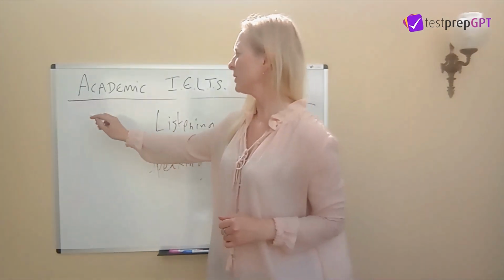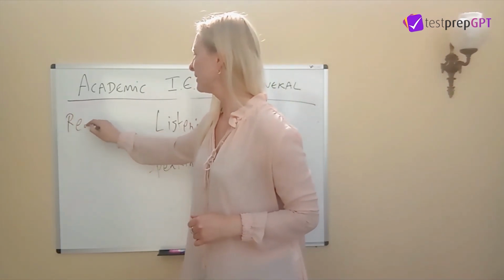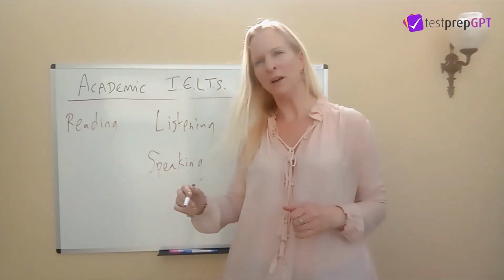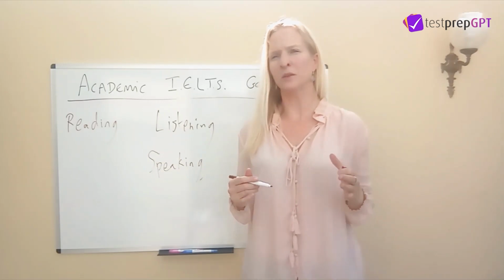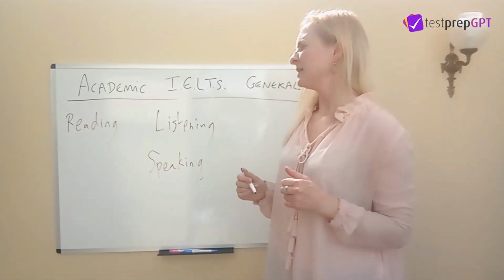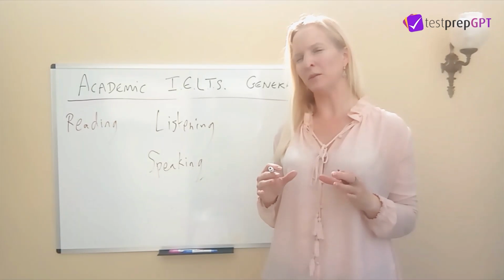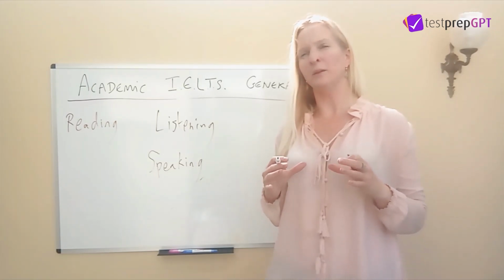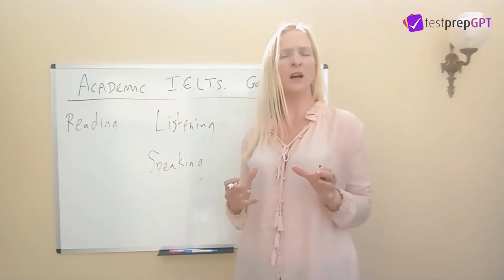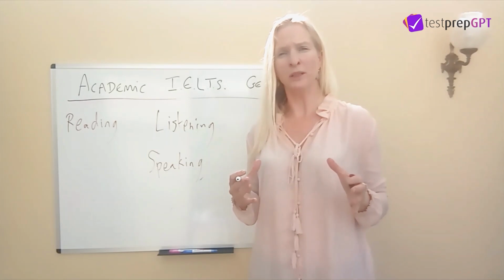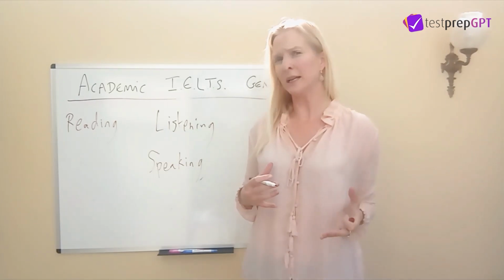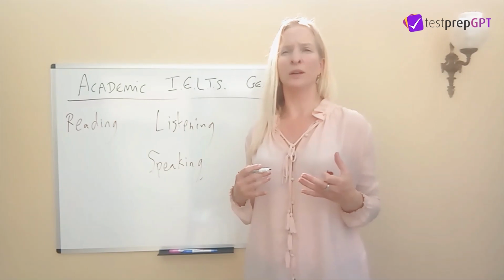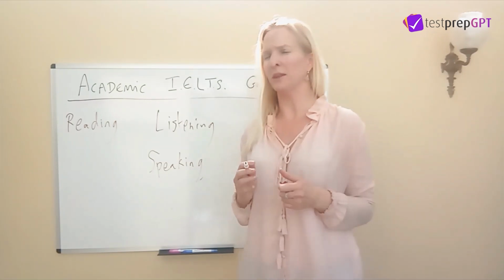So in academic reading, you may have longer passages. So they may be 1,000 words, maybe even more, and they tend to be a little bit more complicated, a little bit more scientific or economic or intellectual, and often taken from journals, like scientific journals or newspapers, that sort of thing.